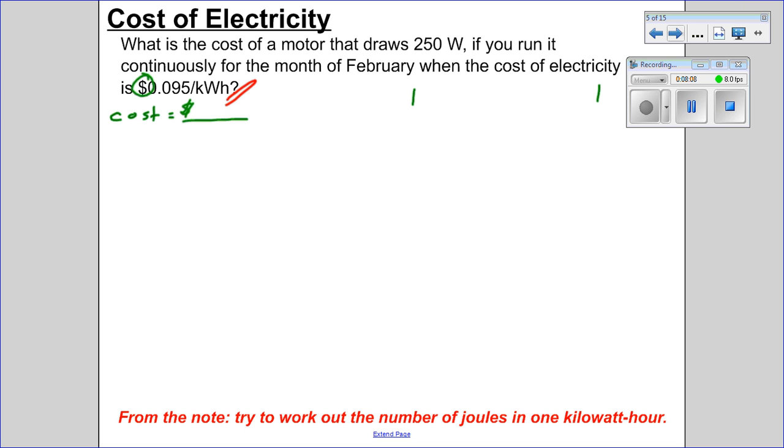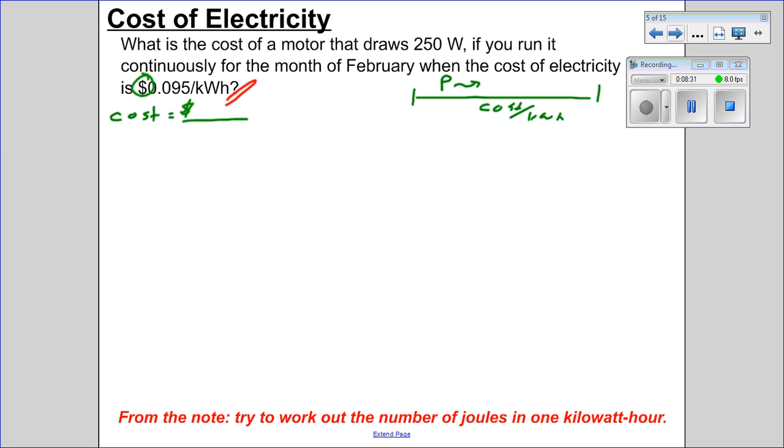We have the month of February, and it's running for that time. We've got a certain power running for that time. And we have a cost per kilowatt hour. So there's a few ways you could draw that. I don't really have any comfortable ways to do it for me, so I don't draw a picture unless I discover later on that I need one.